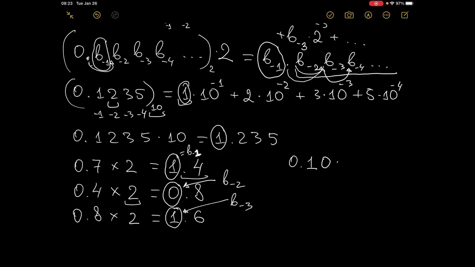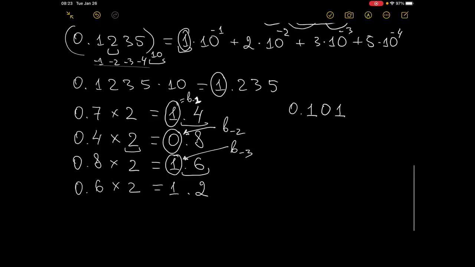Then the fractional part 0.6 multiplied by 2 gives 1.2. So this is nothing else but b negative 4, right?